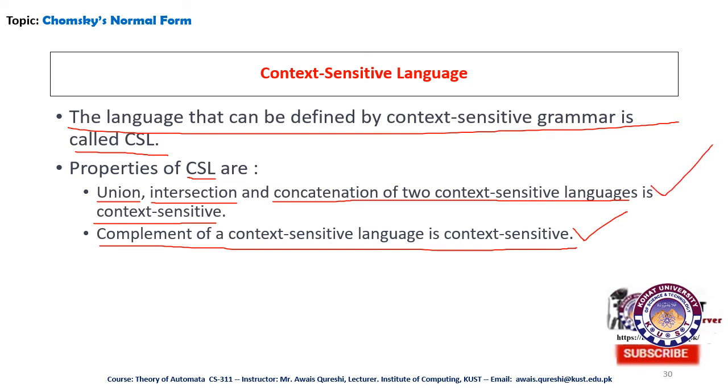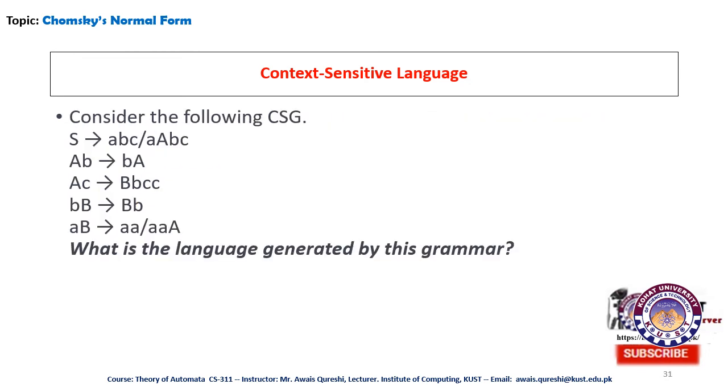So try to remember these 2 specific rules. The first one is union, intersection and concatenation of 2 CSL is also context sensitive, and the second is that the complement of a context sensitive language is also context sensitive. These are the specific rules that need to be followed later on.